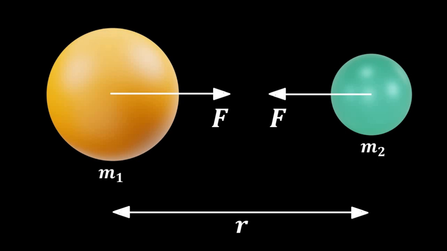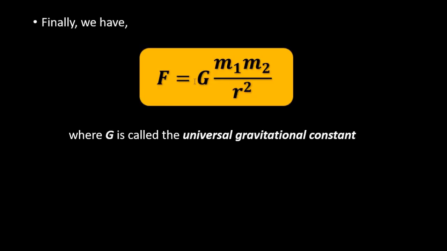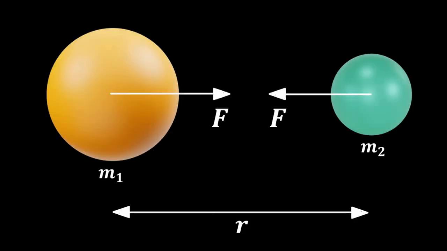It is a central force and it acts along the line joining the centers of the two bodies. So the gravitational force is given by F equals G m1 m2 by r square. m1 and m2 are the masses of the two objects, r is the separation distance between them.